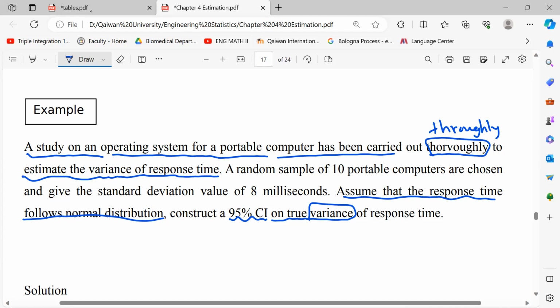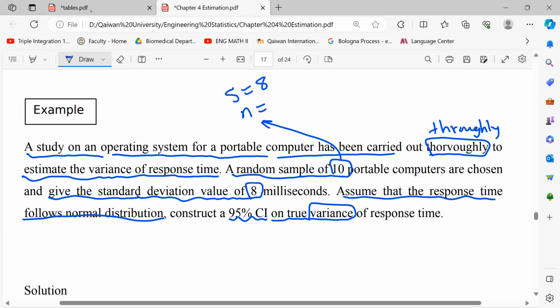It says a random sample of 10 portable computers is chosen. What's this 10? This is n. Given the standard deviation value of 8, so S is 8, n is 10.